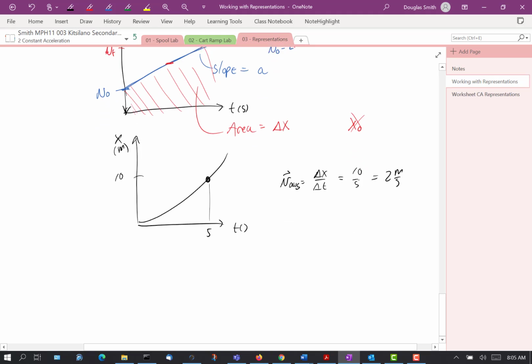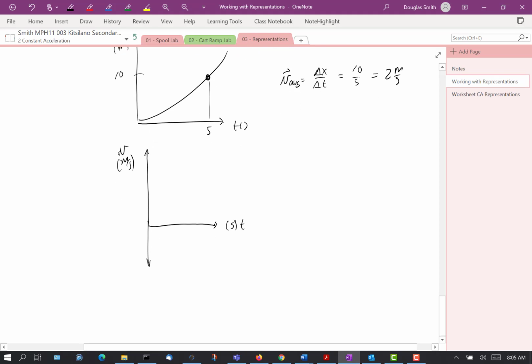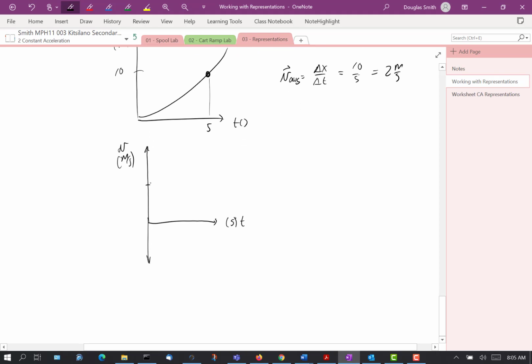Oh, one last thing you might be asked could be something like this. Here's a velocity time graph. Maybe you're told it moves forwards at 4 meters per second for 2 seconds. And then you're told it goes -1 meters per second for 4 seconds. So the graph looks like this. And you could be asked to find the displacement.